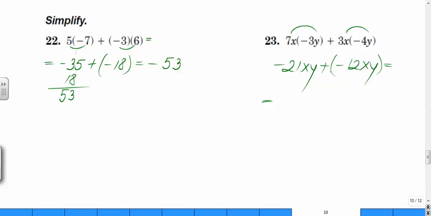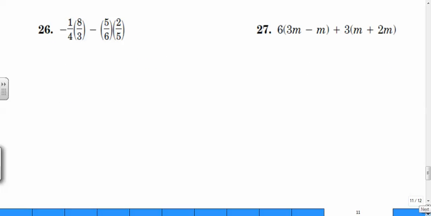You just add them up. 21 plus 12 will be 33, negative 33xy. Okay? Next problem.